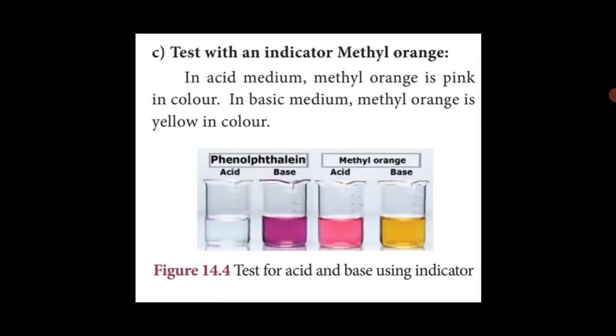Let's see the third test for acid and base. What is the third test? Test with indicator methyl orange. In acidic medium, methyl orange is pink in color. In basic medium, methyl orange is yellow in color.